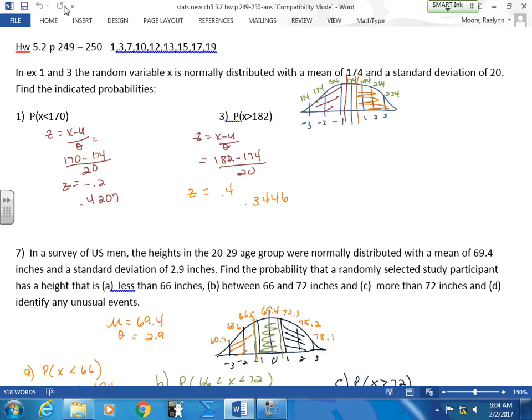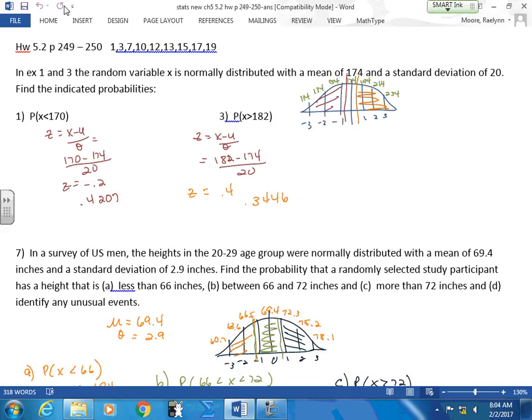Okay, so let's go through these guys. And again, your test is going to look just like this. I give you the basic parts, and then I give you the application parts. So if we're looking for an x value to be less than 170, you start with your graph, you set up your pieces. I want the standard deviation on the bottom, the z-score on the bottom.